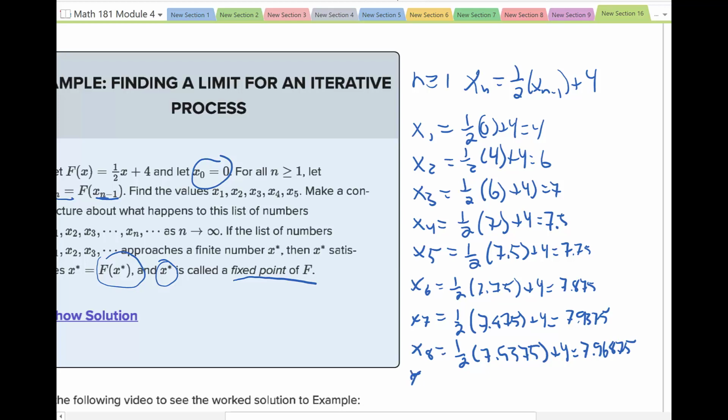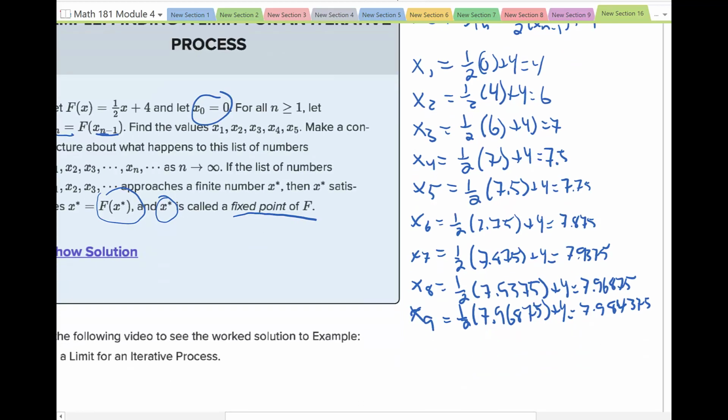And then x9 is 1/2 of 7.96875 plus 4, and you get 7.984375. So if we're looking for where it's going, it looks like x sub n is approaching 8.